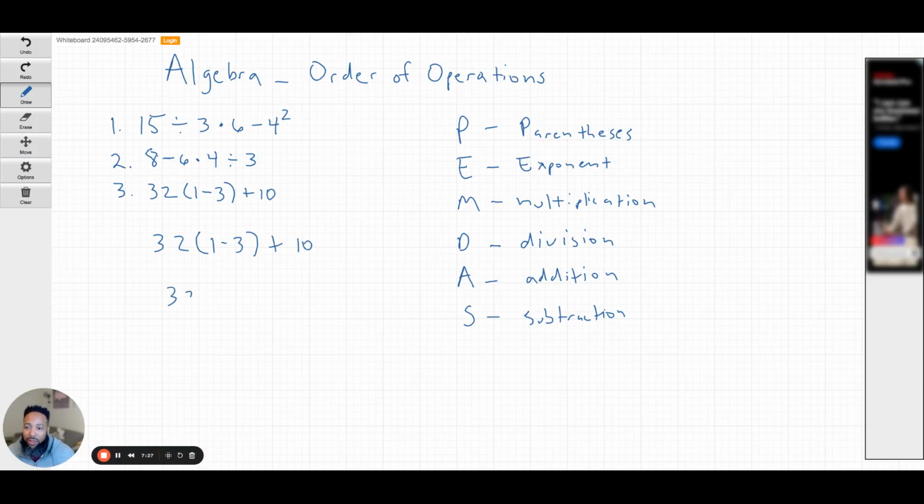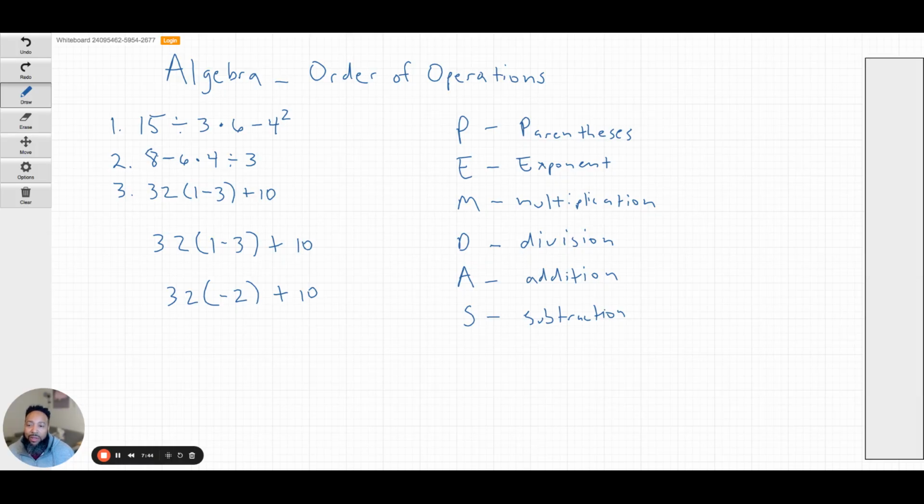So we have 32 negative 2 plus 10. So this 32 is actually multiplied by negative 2. So that would be our next order of operation. So 32 times a negative 2 will be negative 64.